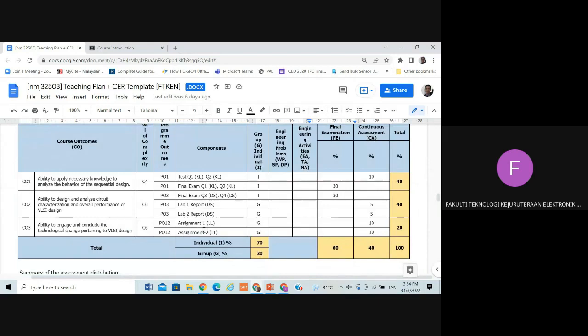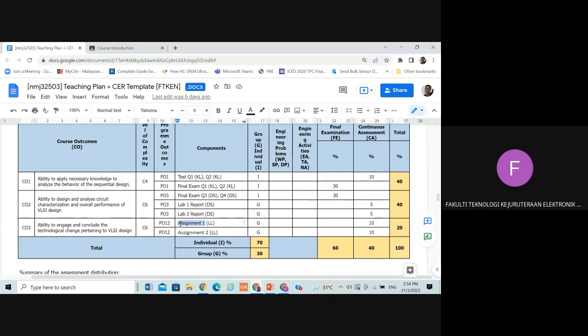So normally assignment, okay, look at the assignment. I give you for PO number 12. That means I will give you in a group. G here means group. So you will do it in a group, and I will give you an assignment to do a reading on a certain application, a certain topic, and then you do a report on that.